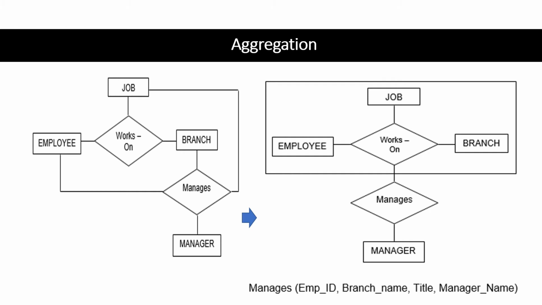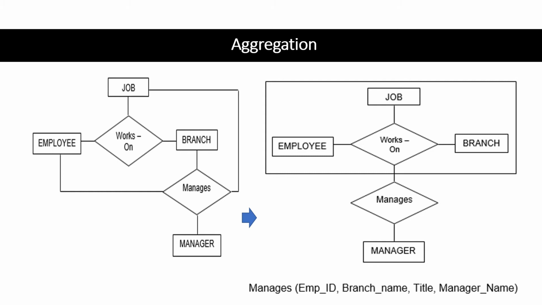In this example of aggregation, on the left side are the relations corresponding to the aggregation. To represent the aggregation, we have to create a table containing the primary key of the aggregate relationship and the primary key of the associated entity sets, along with any descriptive values.